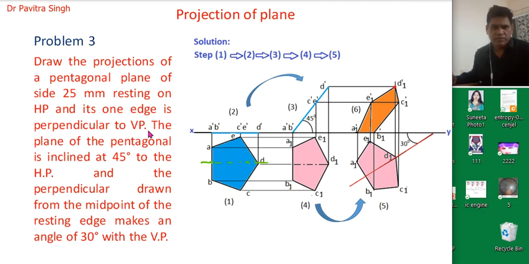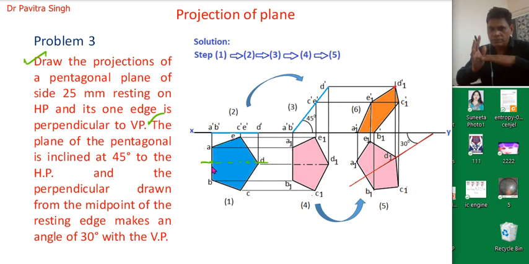So first we will solve this problem here to here only. As per this first condition, we can see this pentagonal prism is parallel to the horizontal plane, and its one side AB is perpendicular to the vertical plane.